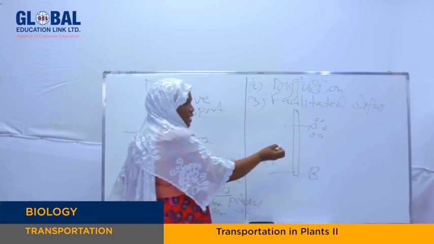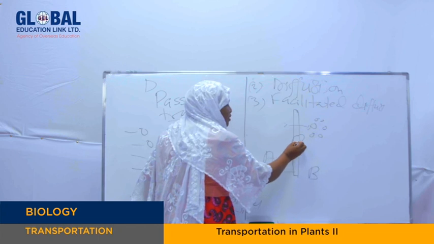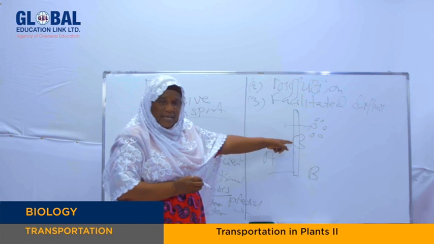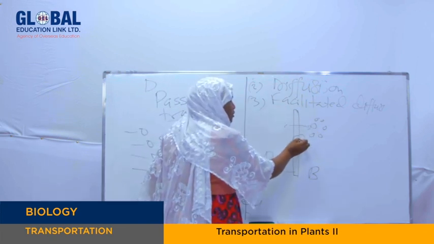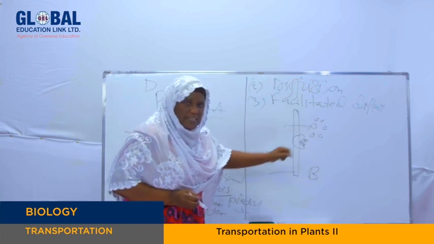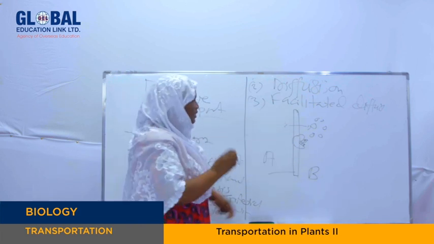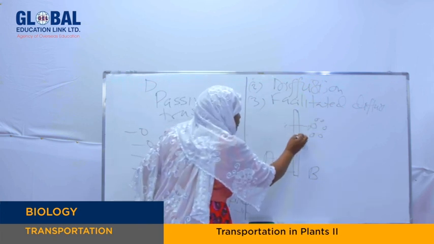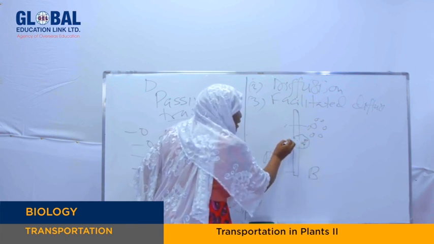So, the membrane here has a carrier molecule. Let's say this is a carrier molecule. When it appears in that shape, it attracts these molecules here. And when the molecules are attracted to this side, the shape of the carrier molecule changes. Instead of opening to that side, it now opens to this side.